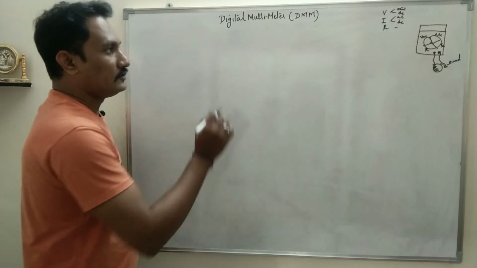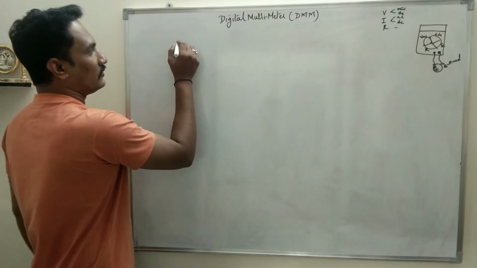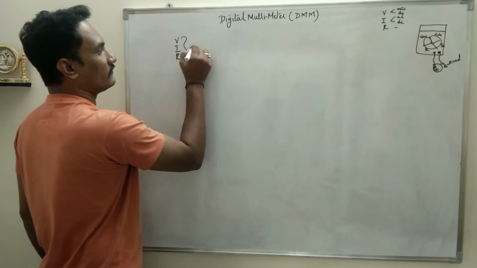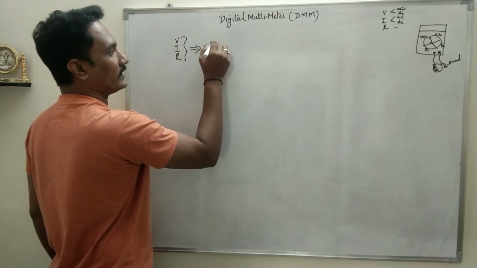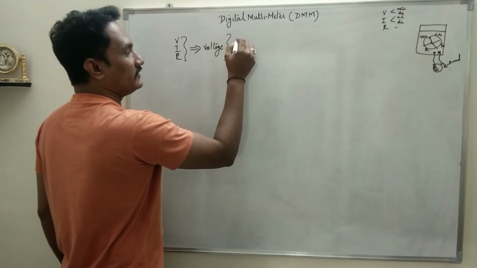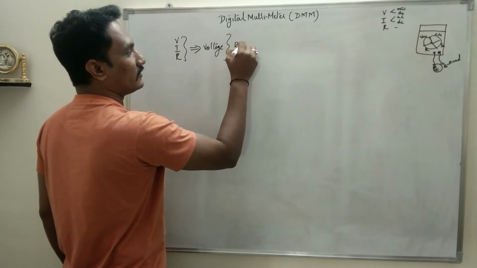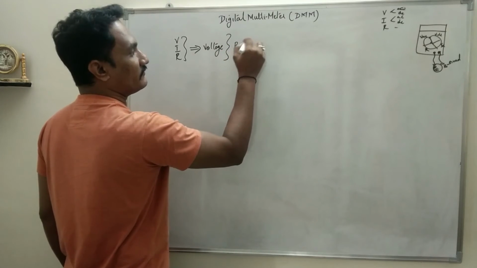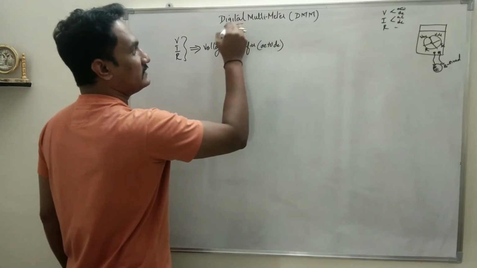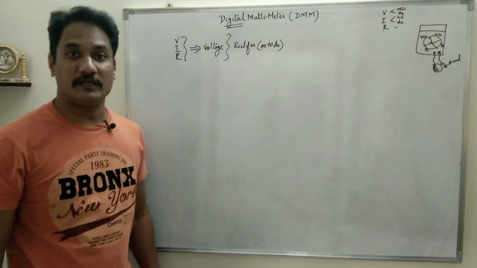Okay, so when we design a circuit, all these quantities, voltage, current, resistance, are converted into voltage. Then if it is AC, we convert AC into DC, using a circuit called a rectifier, which converts AC to DC. As it is a digital multimeter, the display will be digital.